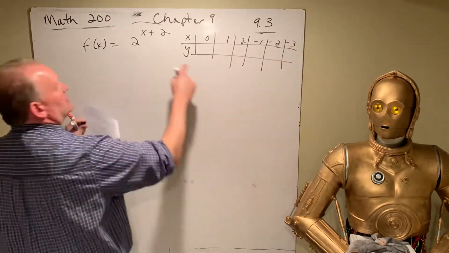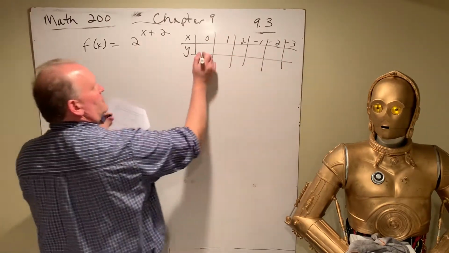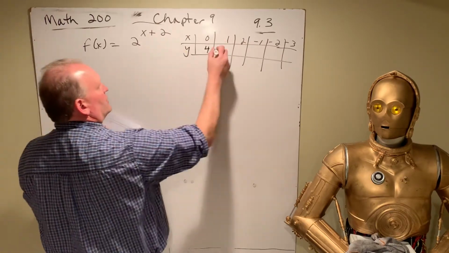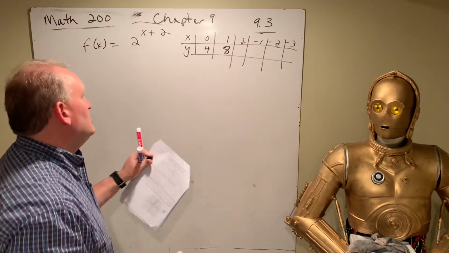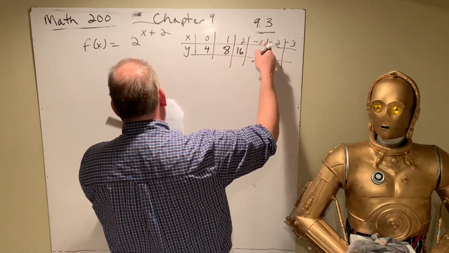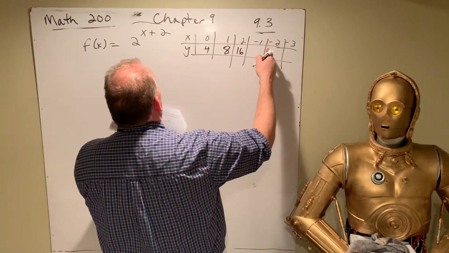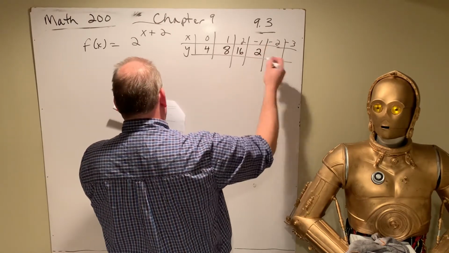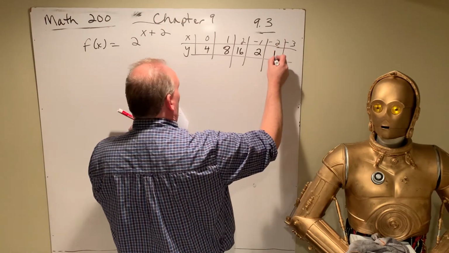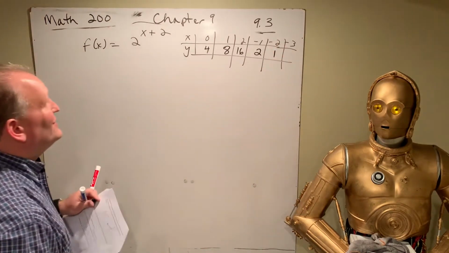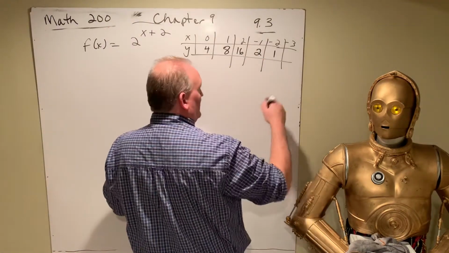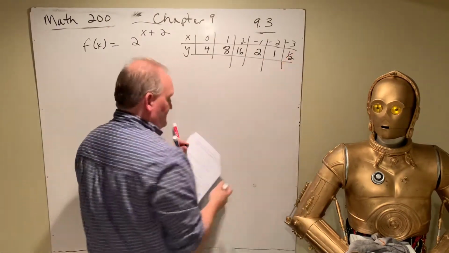So when I put in 0, I have 2 squared, which is 4. When I put in 1, I have 2 to the 3rd, which is 8. When I put in 2, I got 2 to the 4th, which is 16. I put in -1, that's 2 to the 1st. I put in -2, that's 2 to the 0. Anything to the 0 power is 1. I put in -3, that's 2 to the -1, which moves it down to the bottom, 1/2.